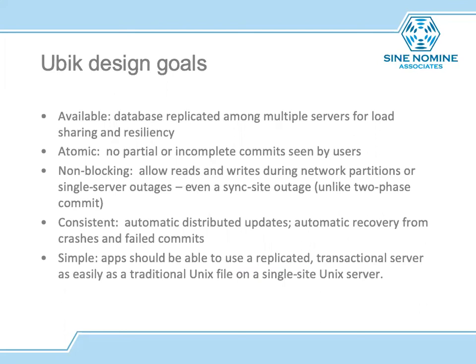The people who were developing this at Carnegie Mellon knew that the existing hardware technology back then was not going to be able to support the load that they were going to be putting on these servers if they only had a single server. So that's part of the reason for having multiple servers. The other reason, of course, is not just for load sharing, but also for resiliency. If one should go down, it won't block the entire cell from doing reads or writes.